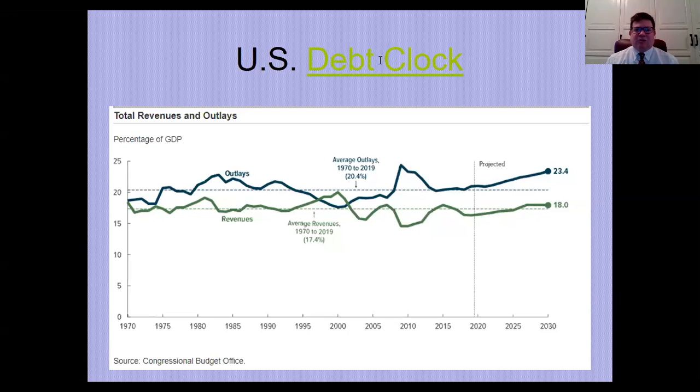And this is an interesting debt clock because it basically shows us on a second-by-second basis how much debt we have. So right at the present moment, there's $23,617,502,450,000 worth of debt.